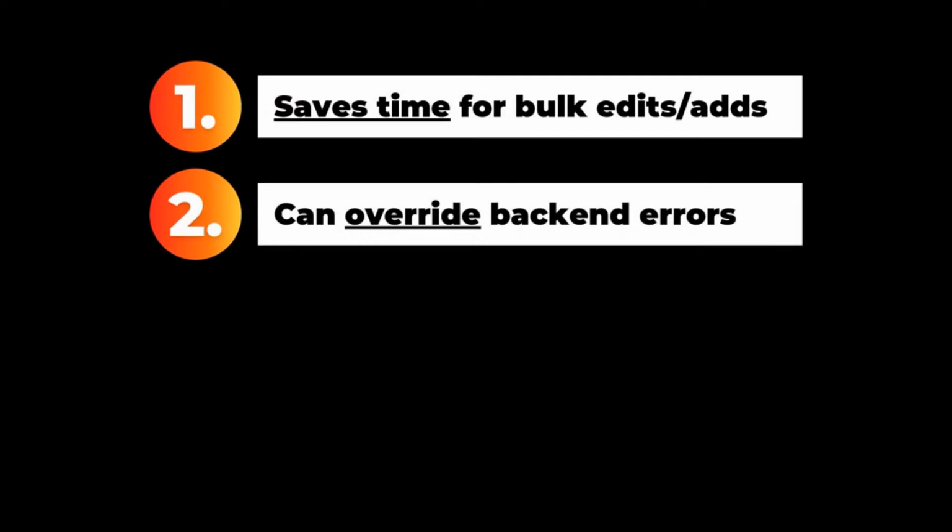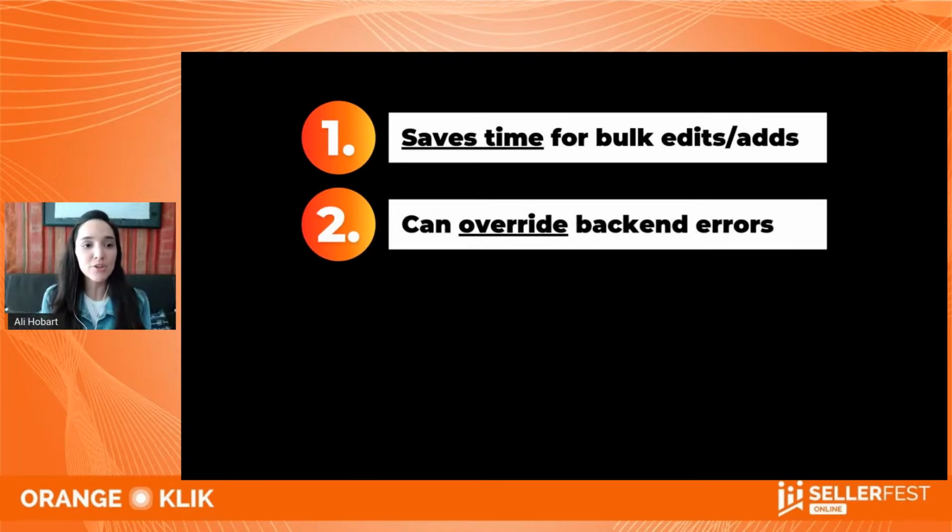Second benefit is that it can override some backend errors. Honestly, I do not know why that is, but as I said, sometimes you try to do things manually and it just doesn't change. You try to update your title and it doesn't go through. You wait 6 hours, you wait 24 hours, whatever seller support tells you to wait, and it doesn't go through.